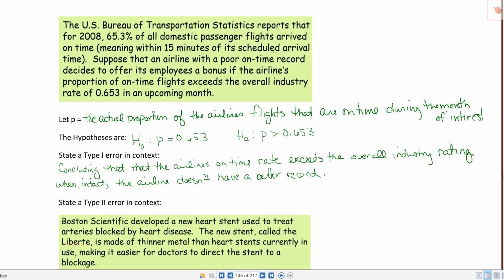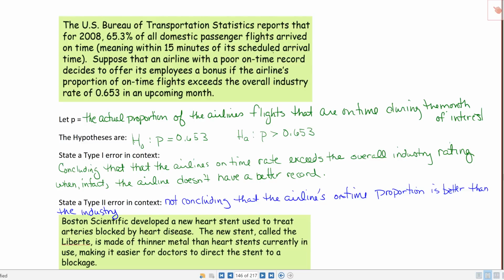So in context we would say that this is not concluding that the airline's on-time proportion is better than the industry standard when in fact it really is.